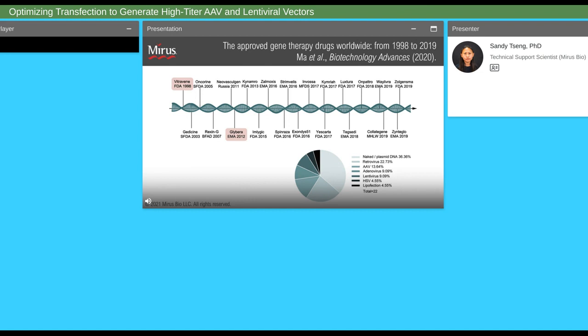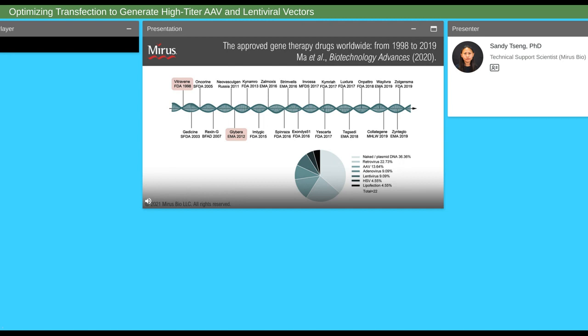Anyhow, this review from 2020 summarizes the 22 gene and cell therapies that have been approved for use around the world, which might not seem like a lot, but what is significant is the growth since the 90s accelerating to today. For Glybera, this was known as the $1 million drug because it literally cost $1 million USD per patient, which is obviously quite costly.